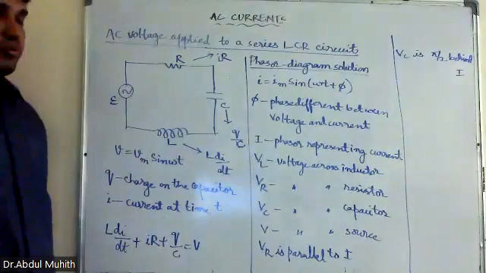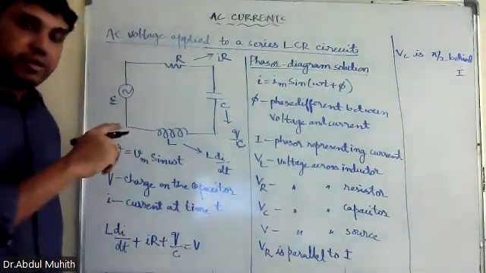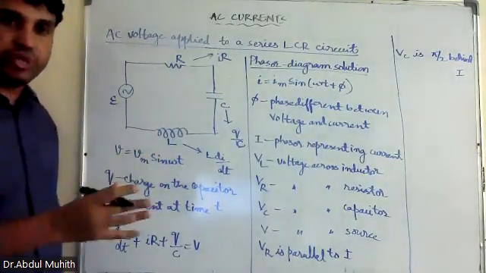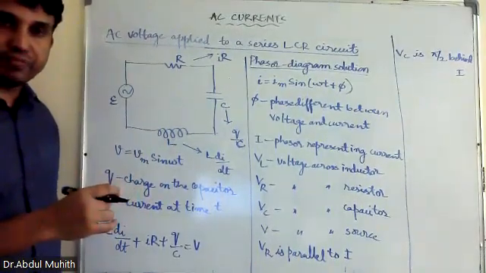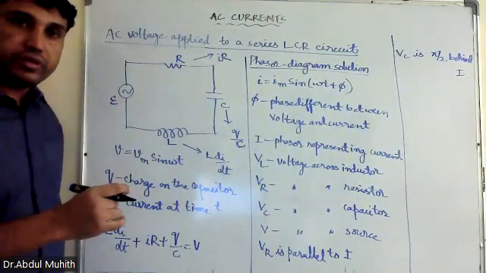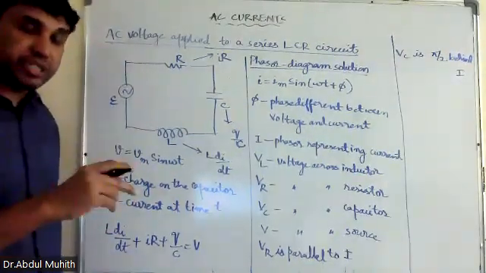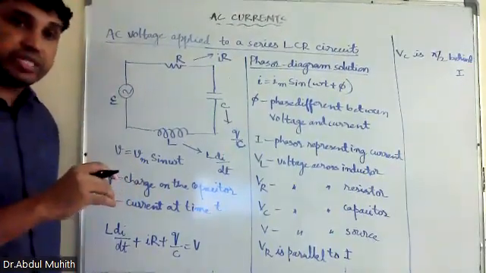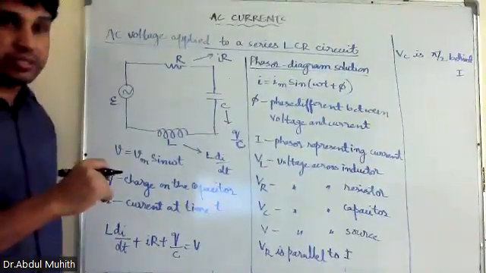Why? If you look at the capacitor circuit which we studied before, current is leading in capacitor circuit. But in an inductive circuit, is current leading or lagging the voltage? Lagging, by 90 degrees.